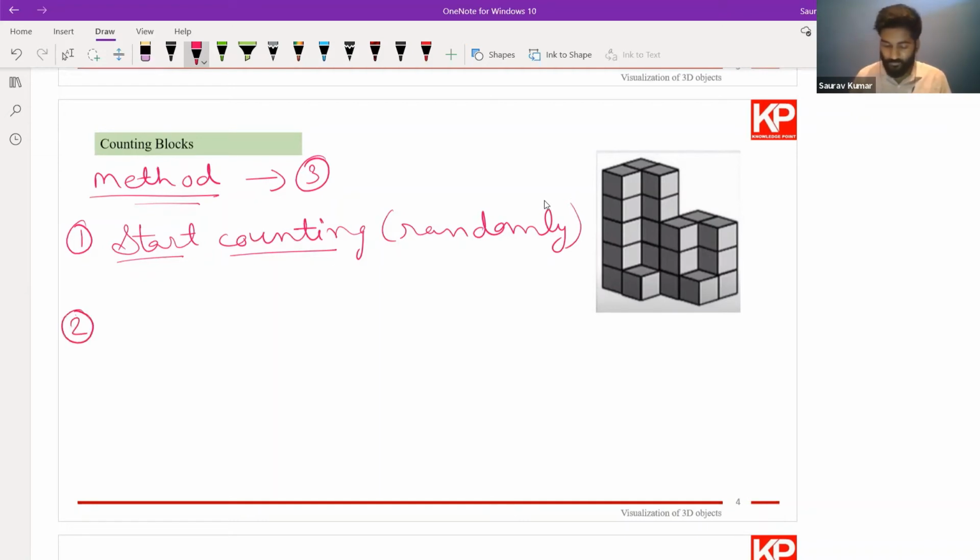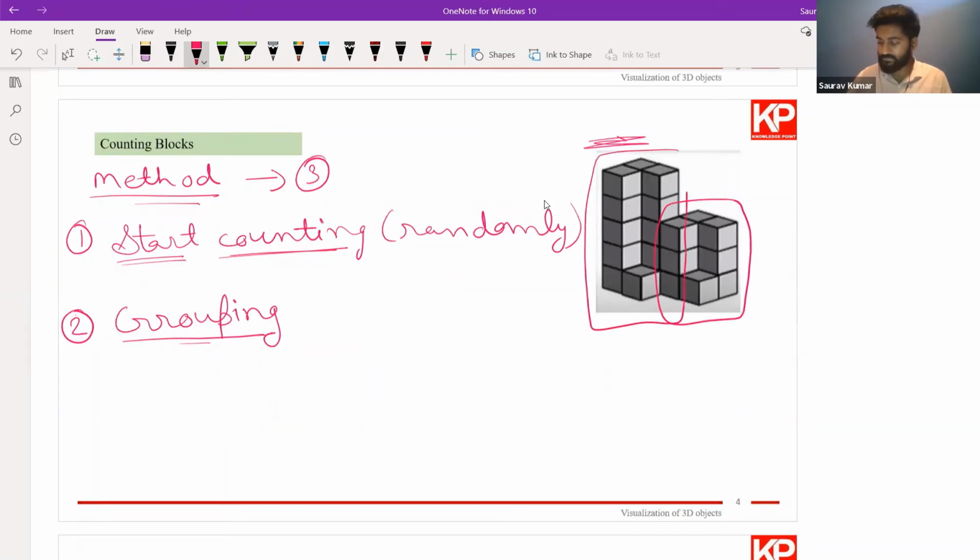Then let's talk about second method, and that is about grouping. This grouping part is also on the base of counting, like you start counting things, but it makes it a bit easier for you. Like you have this 3D, you consider this as one group, you consider this as second group.